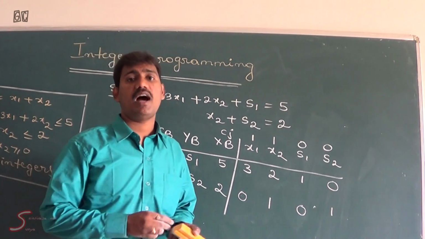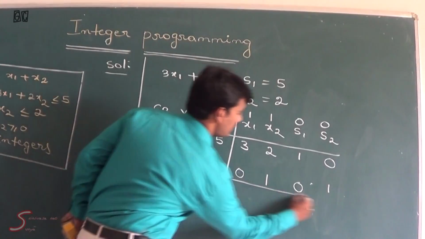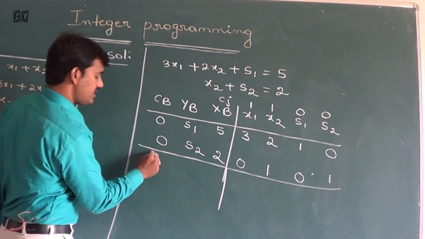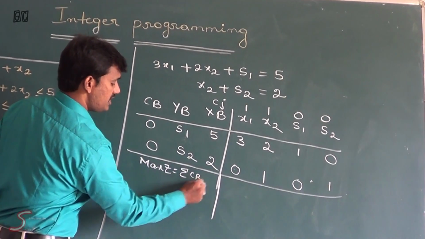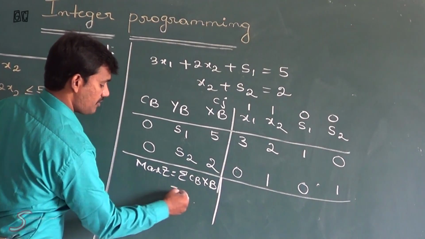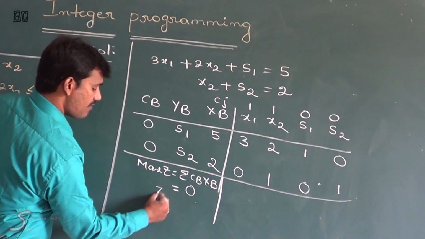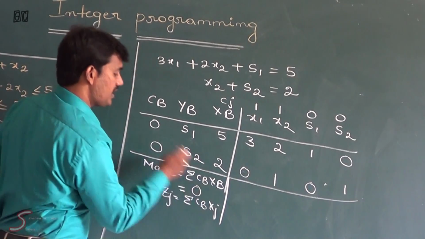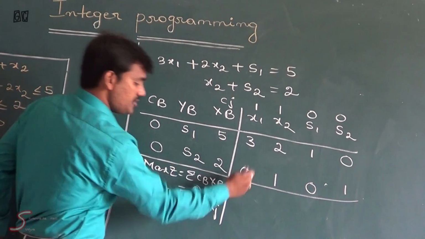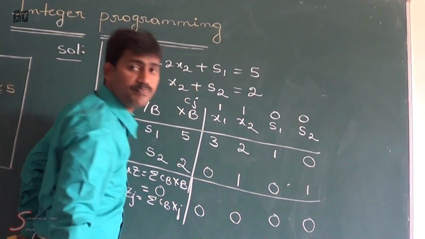After this we have three steps. The first is maximum z equal to summation cb into xb, that equals 0 into 5 plus 0 into 2, so the value is 0. And we have zj, equal to summation cb into the column entries: 0 into 3 is 0, and multiplying with 0, the value is always 0.